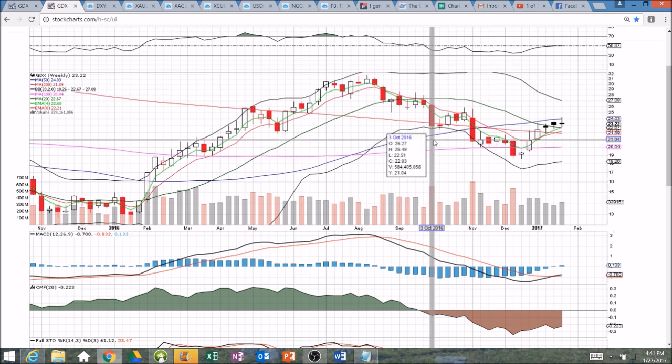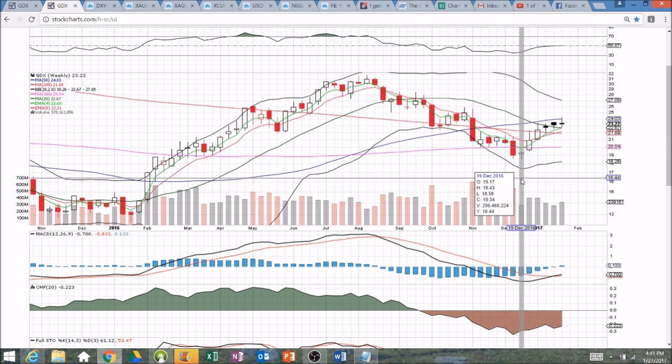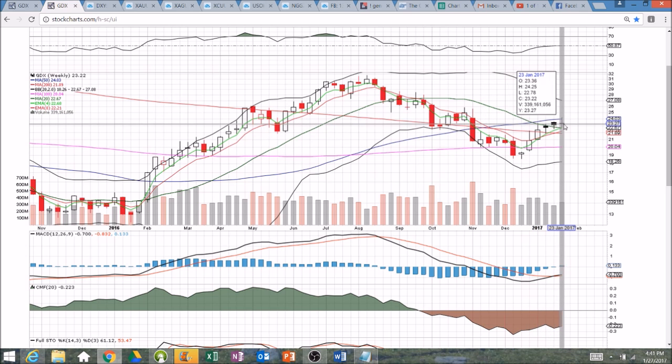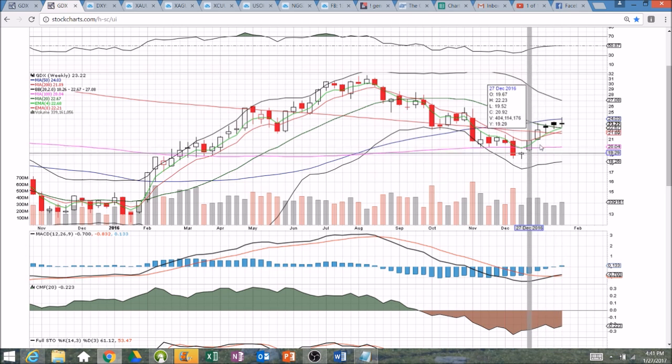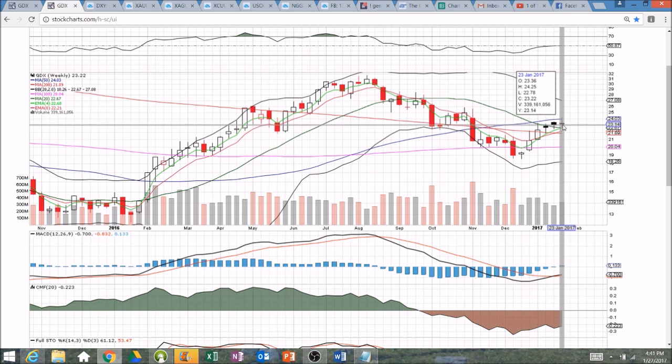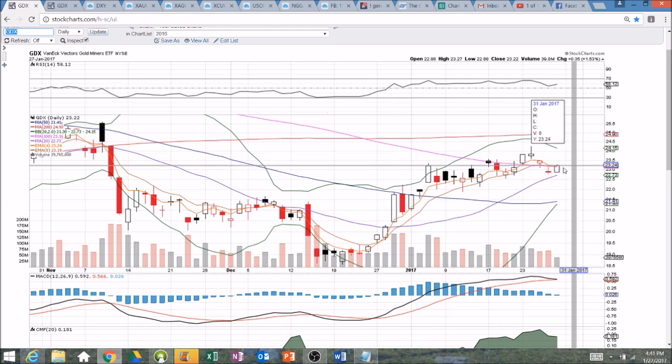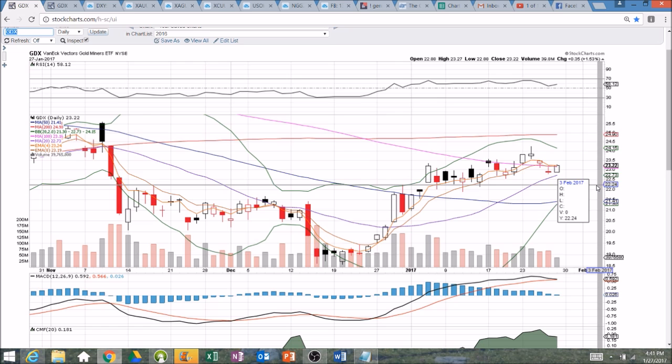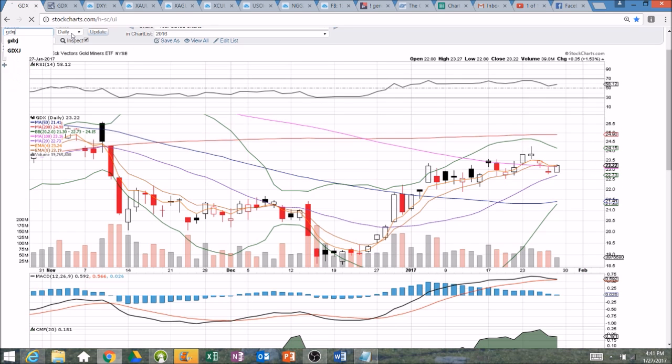Weekly time frame is a bearish reversal candlestick rejecting from the 50-week moving average resistance of 24.03. We've been forming higher lows every single week. So a red flag to the bulls will be a break of that higher low pattern on the weekly if we break 22.78 support next week. And that would also break the higher low pattern on the daily. So GDXJ, similar setup.